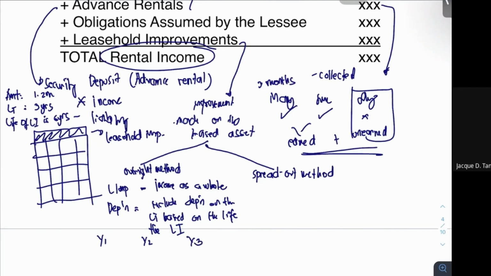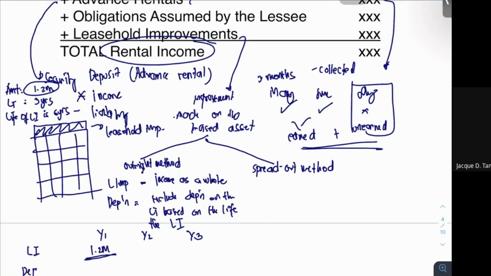Then we can include as income, as leasehold improvement, the total amount, 1.2 million, at the time you have completed it. So it is income as a whole, 1.2 million. And you can depreciate it over the lease term using the life of the leasehold improvement. So 1.2 million divided by 6, so 200,000 per year. So that's how you treat it using the outright method.